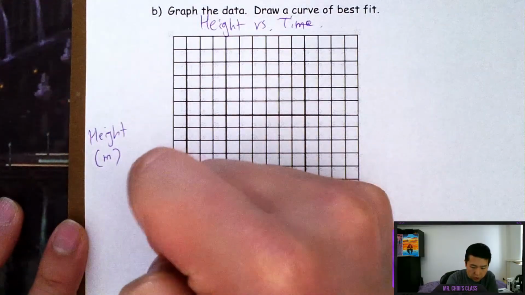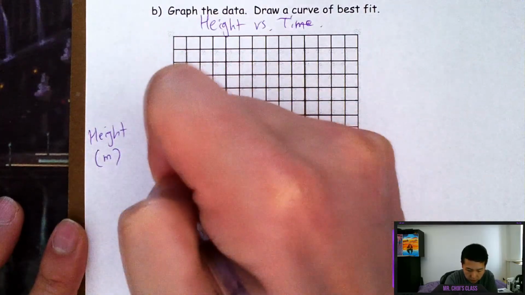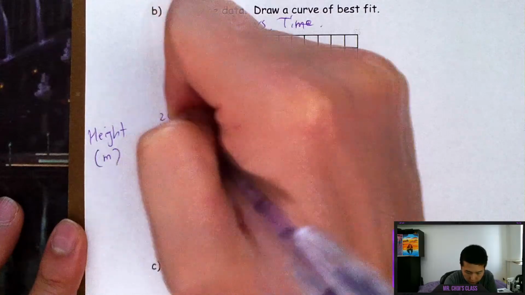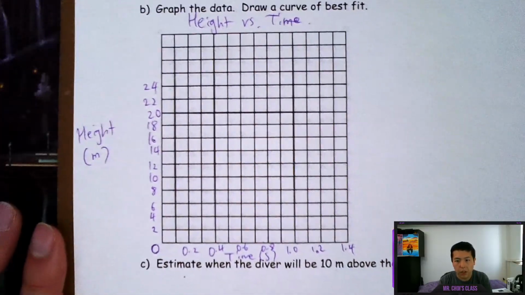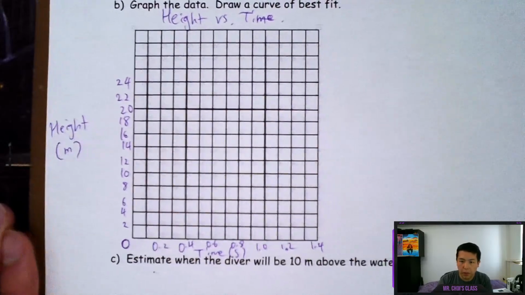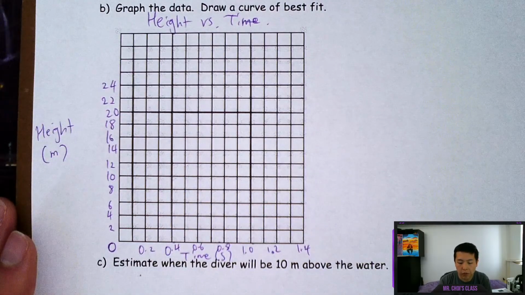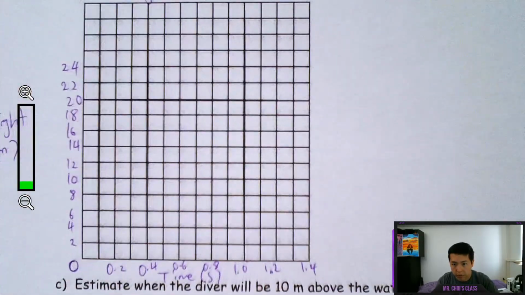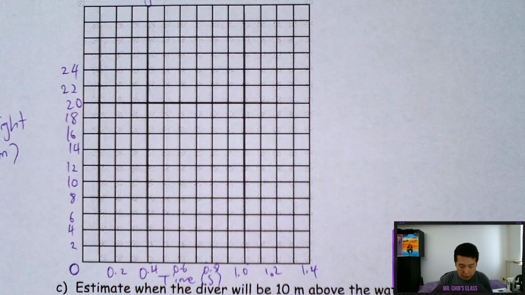So let's go 2, 4, 6, 8, 10, 12, 14, 16, 18, 20, 22, 24. Okay, so every single square is going to be an increase of 2.